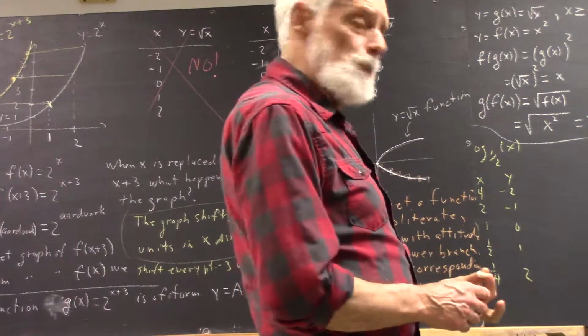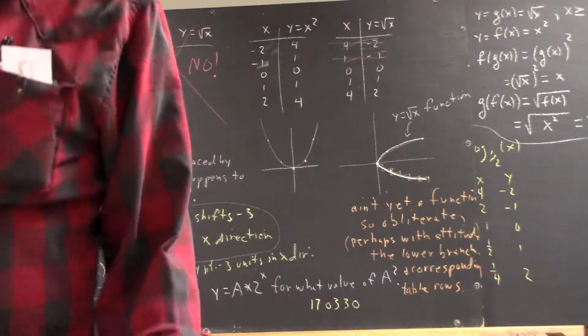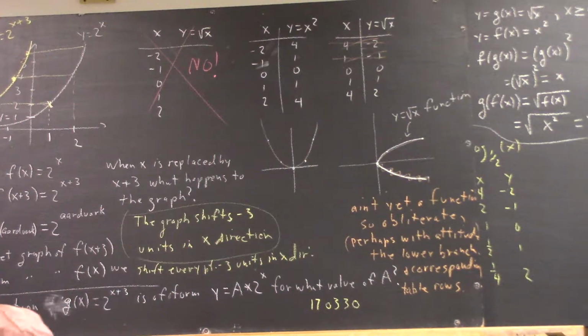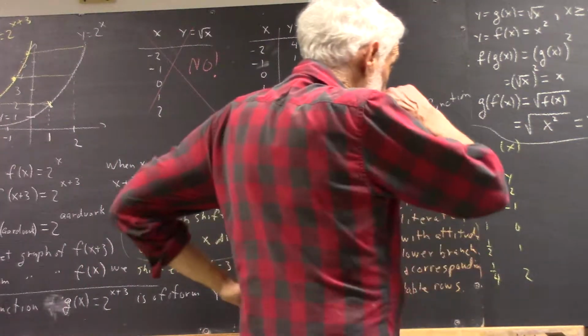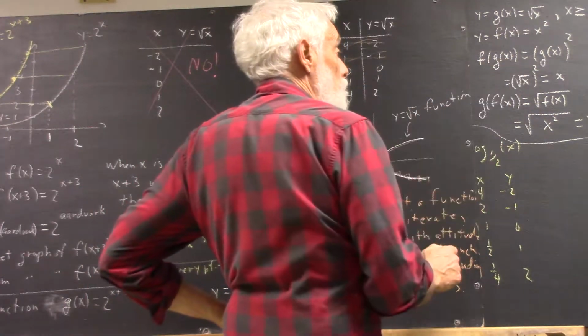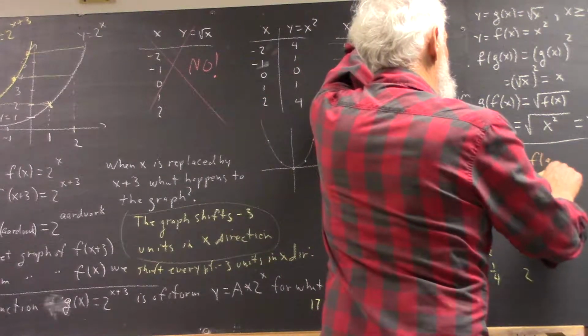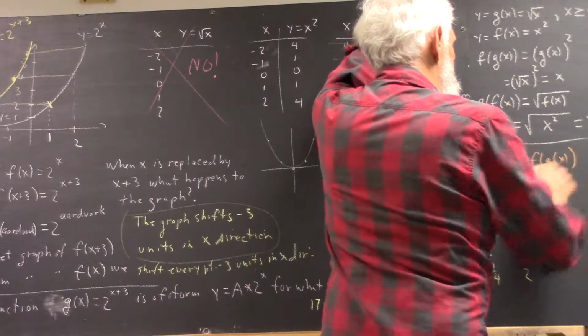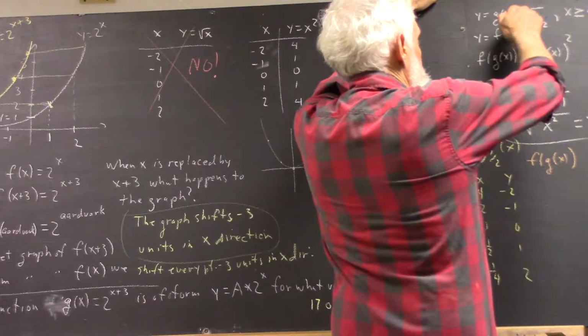Okay. Now let me just do a little addendum here. It's not necessary that you even watch this, so anytime you feel like tuning out, feel free to do so. But another way to do this f of g of x, I could say f of g of x, okay? Well, I have the choice of replacing g of x with the expression for g of x.